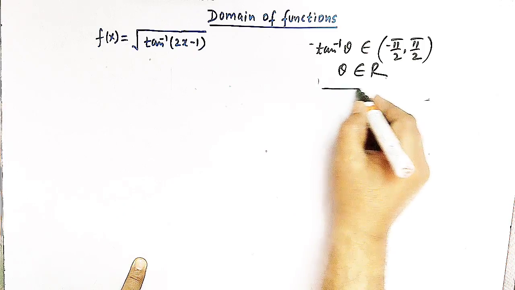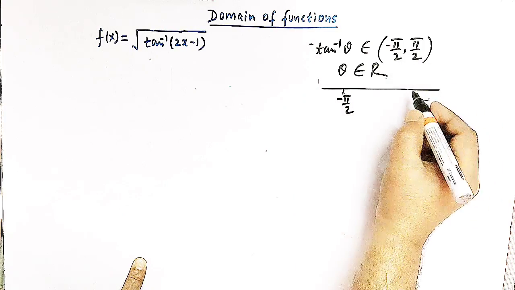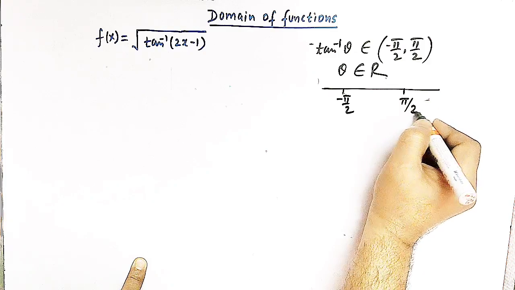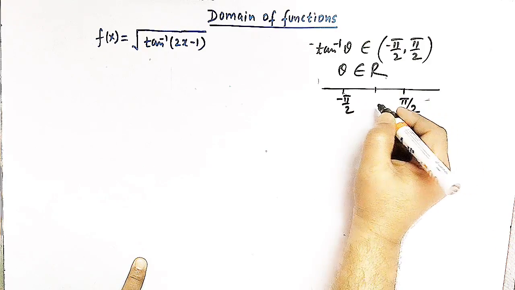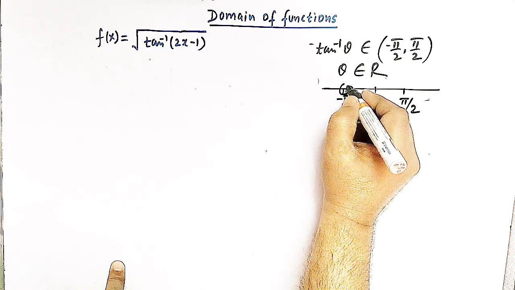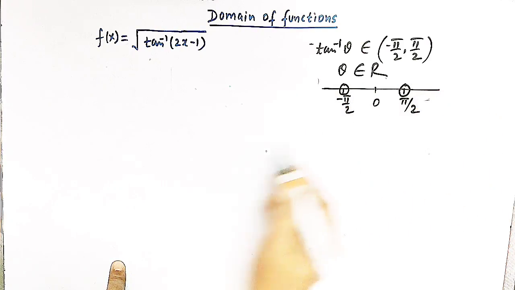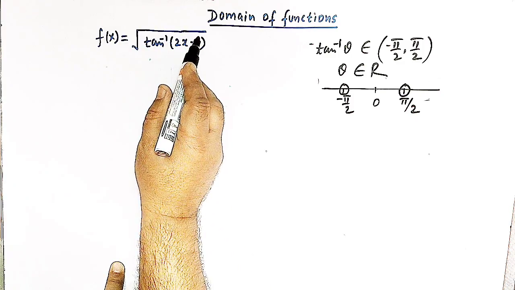So here we have minus pi by 2, and here we have pi by 2, and between them we have 0, and these 2 points are not included. Now we have the square root function.